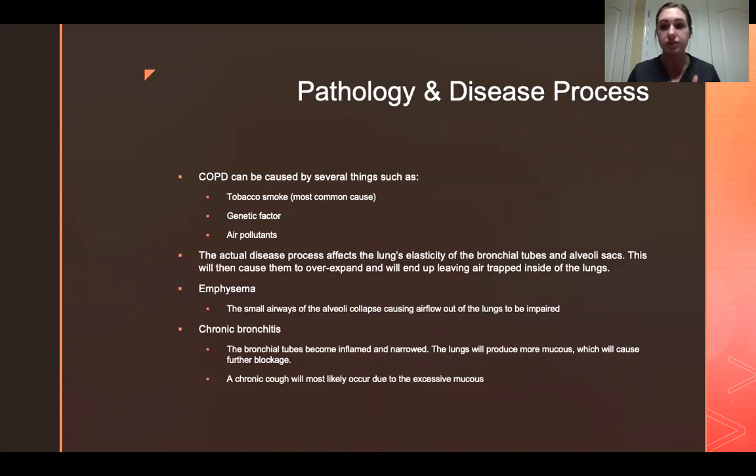The actual disease, what it does is it affects the elasticity of the bronchial tubes and the alveoli sacs. So you have the tubes and then the sacs at the end, and that's what it affects. It causes those structures to overexpand and will leave air trapped inside the lungs. Emphysema specifically, the small airways, the alveoli, they'll collapse, causing airflow in the lungs to be impaired.